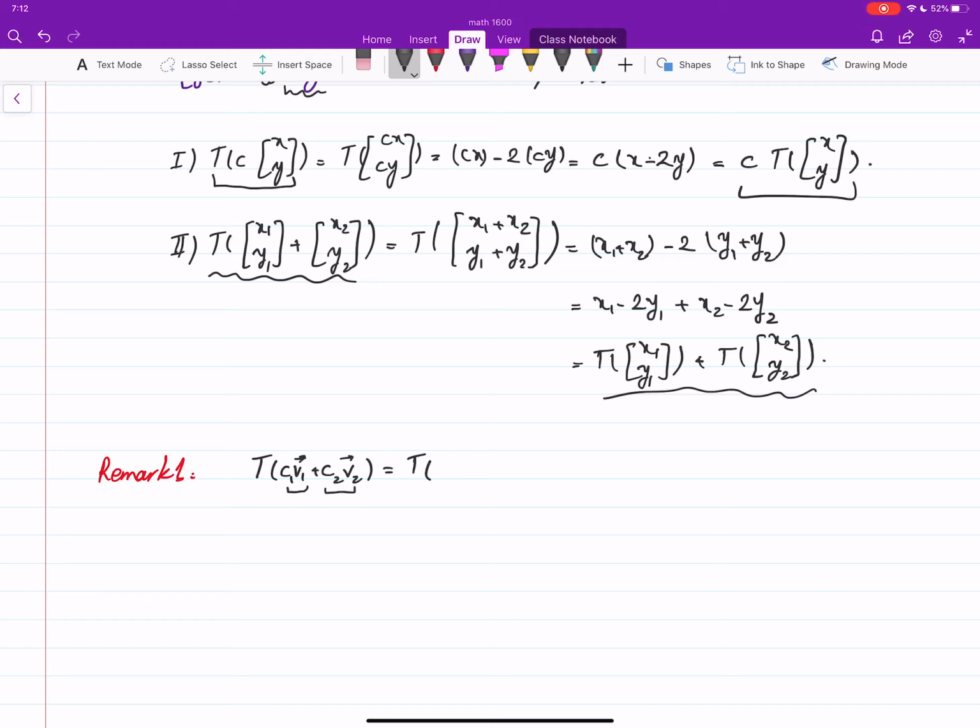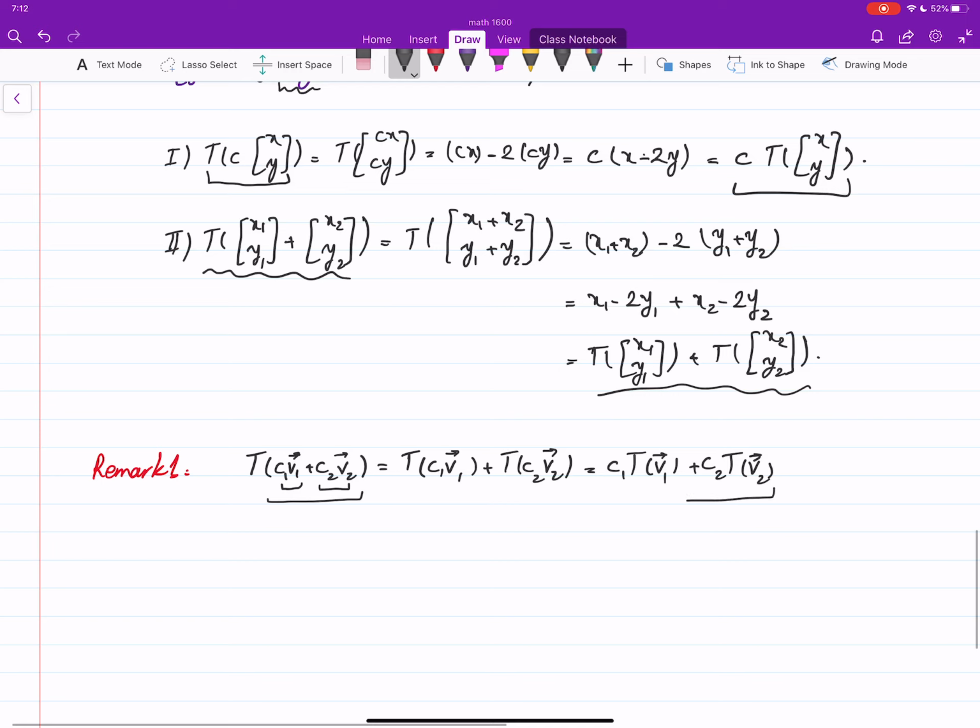So for linear, we can separate these. And then each one is a scalar multiplication. So this gives us c1 T of v1 plus c2 T of v2. What this says is that it sends a linear combination to a linear combination.